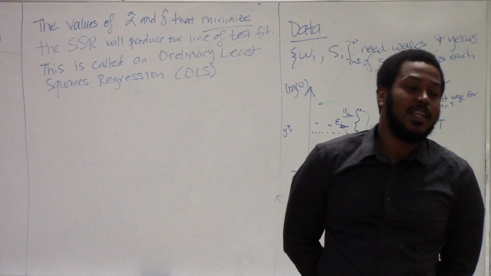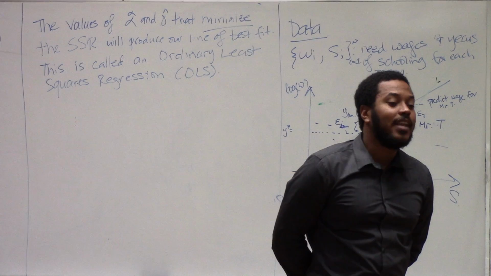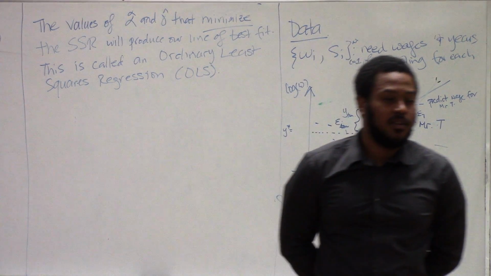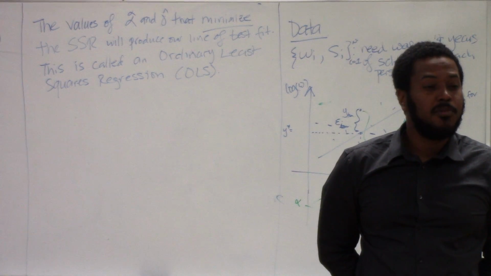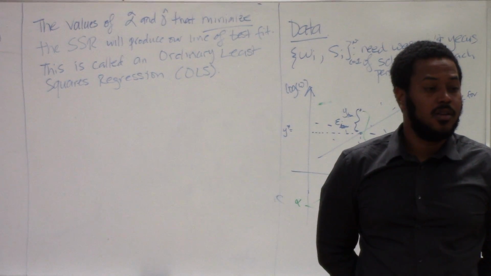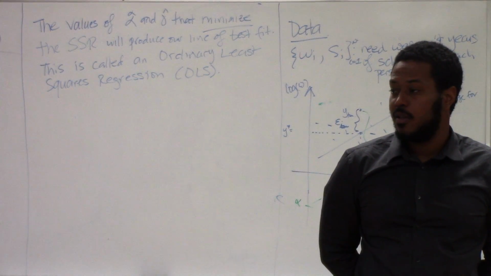So if we have something that's positive, and we want to find the minimum value of it, that's the same as finding the maximum value of the negative of it. Does that make sense?